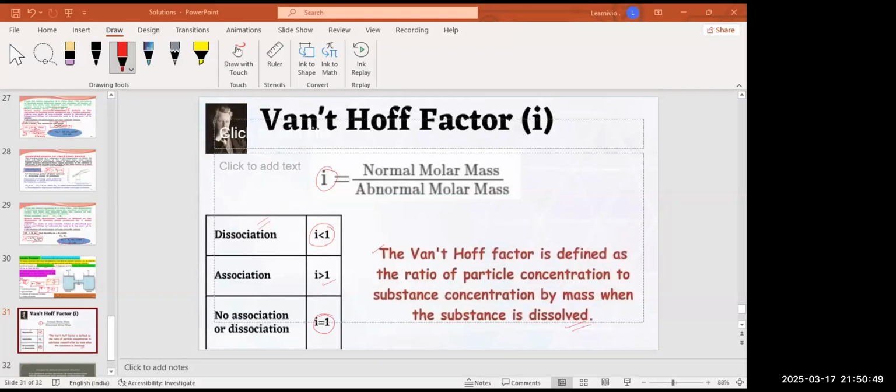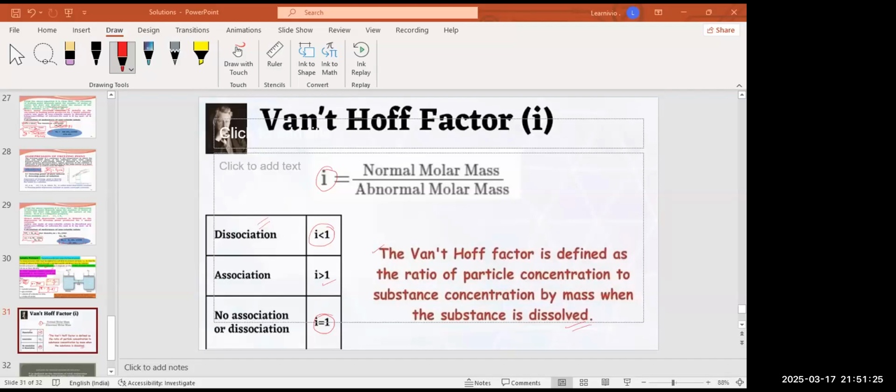And just for CaCl2, what will be the value? Just dissociate this. 3. Yes, very good, it will be 3. And just tell me what's the van't Hoff factor for C12H22O11, for glucose? 1.